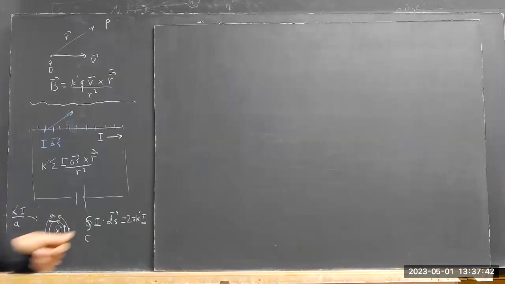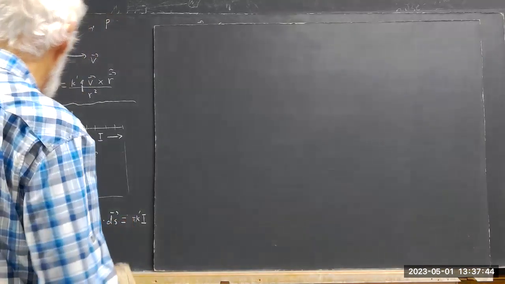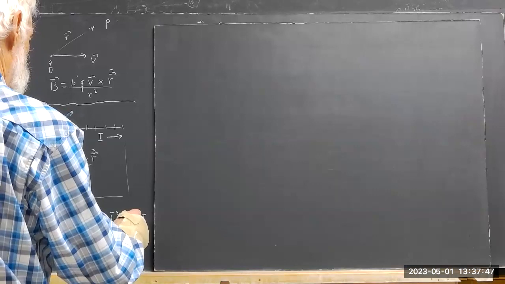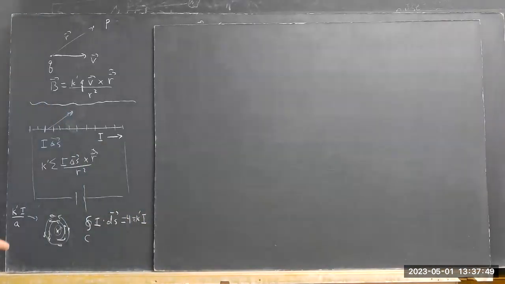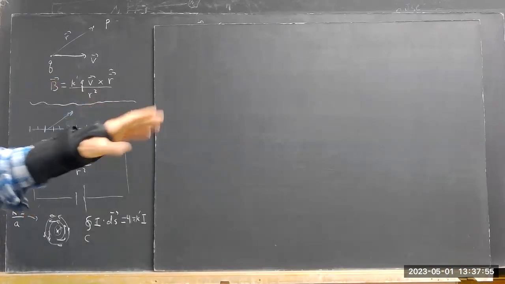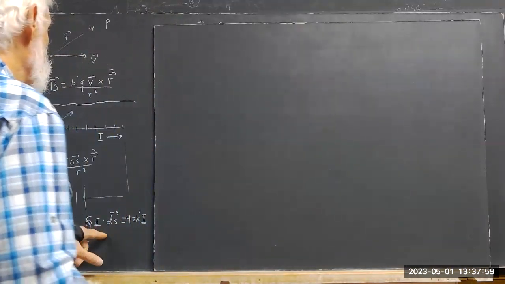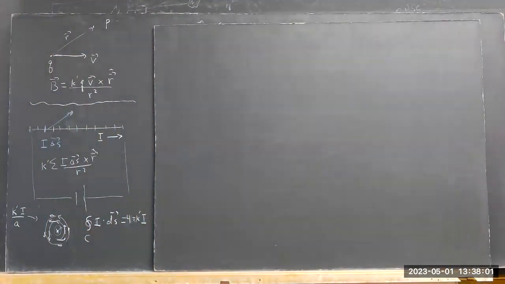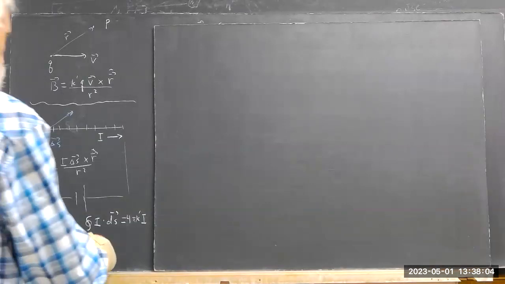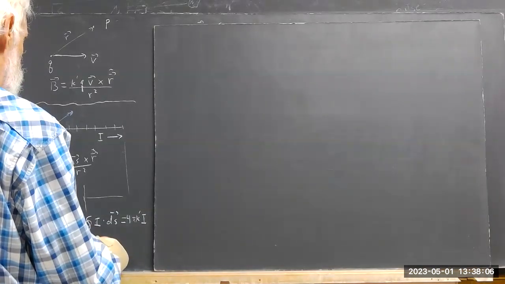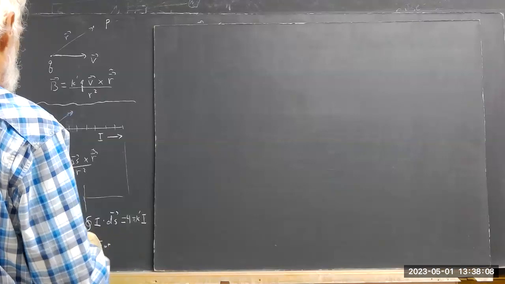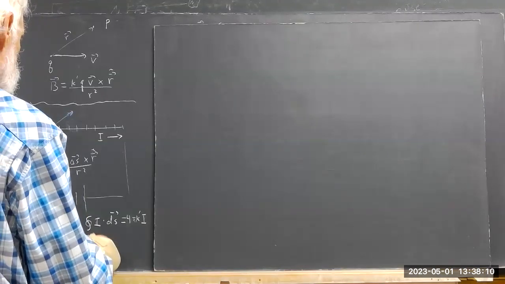Okay, I think it actually should be a 4. There's something wrong with my little calculation. I should be getting a 2 up here. I don't see it. So anyhow, you got this.